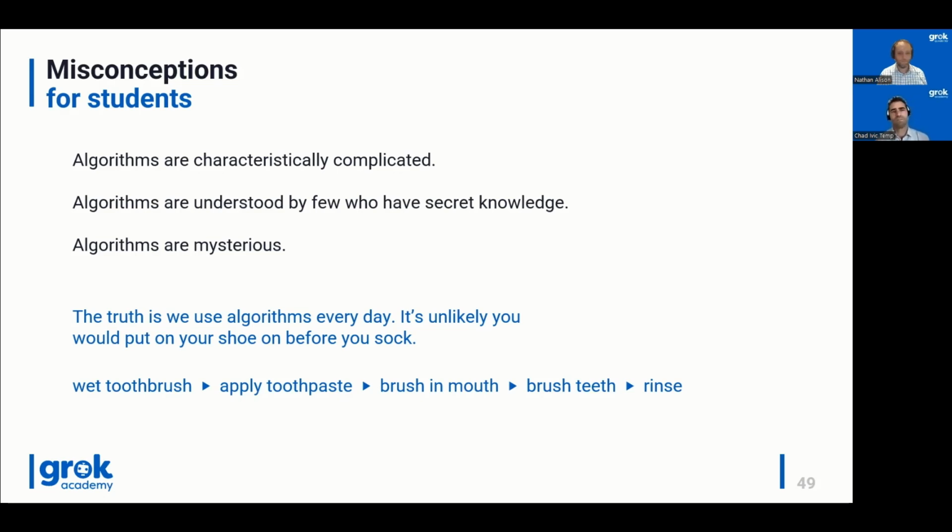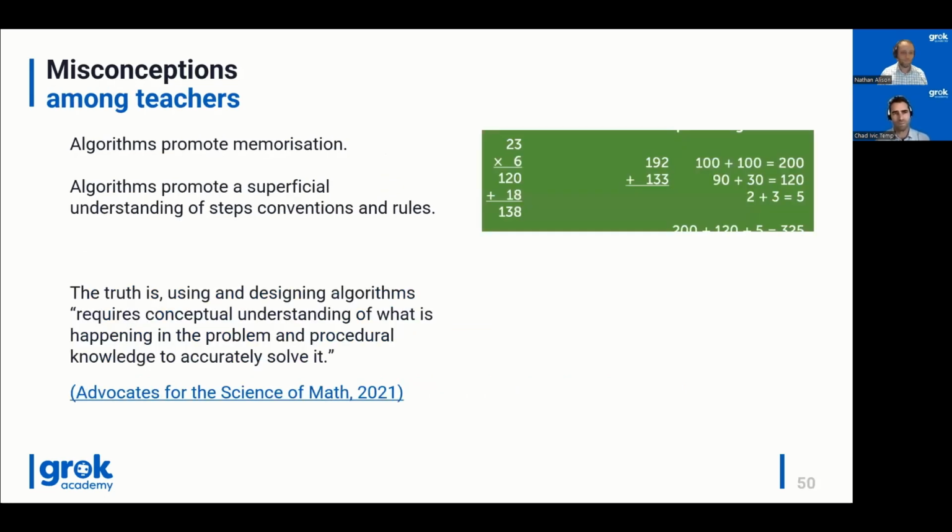And so Nathan's just going to talk about misconceptions for teachers. Yeah, so this is an interesting kind of controversy sometimes among maths teachers about what algorithms really mean in terms of what they teach students. When it comes to learning about algorithms, what we're doing in the digital technologies curriculum is much more about helping students to create their own algorithms.